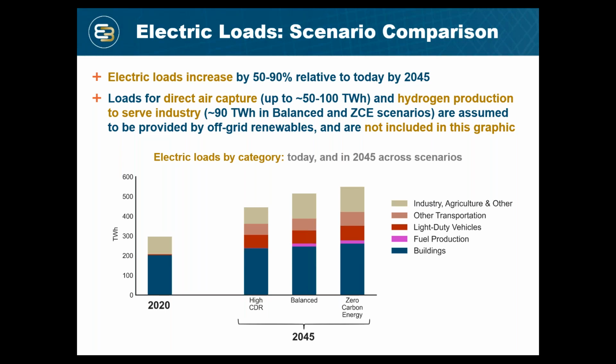Same goes for hydrogen production to serve industry. That's assumed to be produced with off-grid power, but there's also a lot of electricity required for electrolysis for producing electrolytic hydrogen. So overall, we see about a 50 to 90% increase in total electric loads across all three of these scenarios.